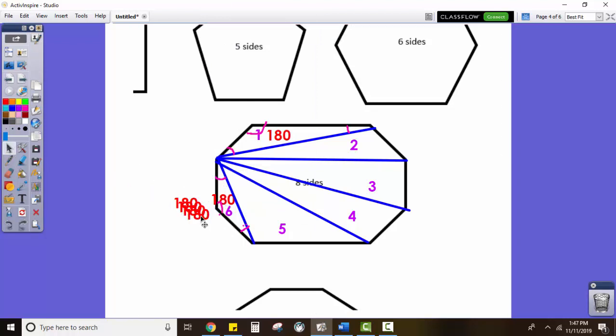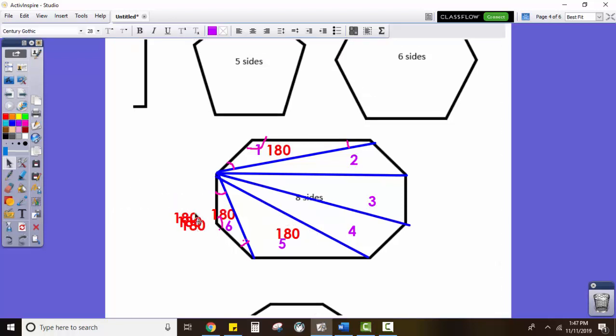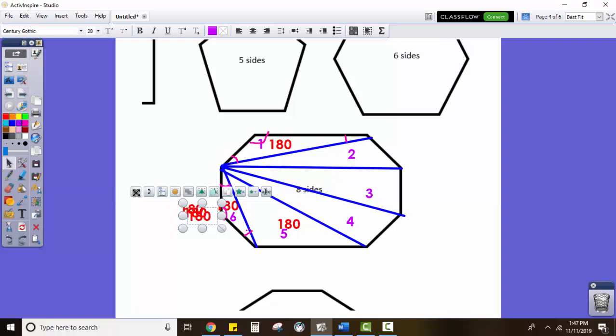Okay, so I'm going to put 180 degrees in all of these other triangles. And when I want to get the total of the degrees, I would do 180 plus 180 plus 180 plus 180 plus 180 plus 180, or a different way would be 180 times 6, because there's 6 180s there.